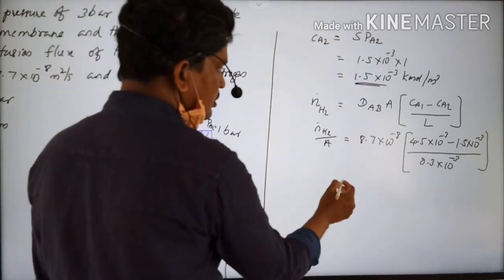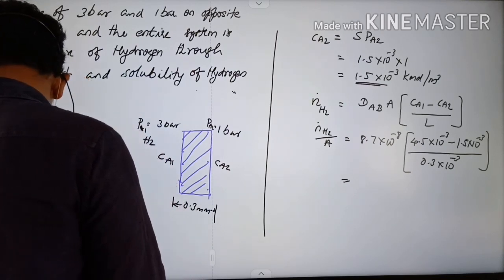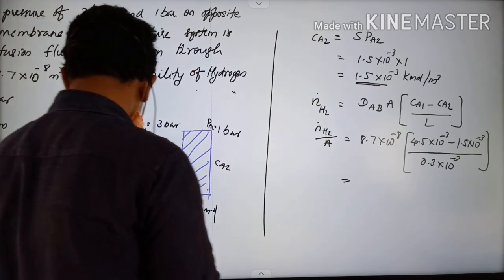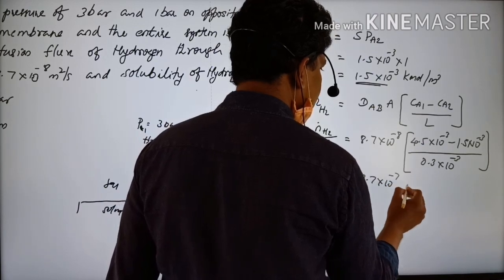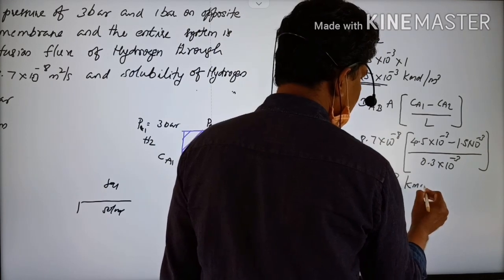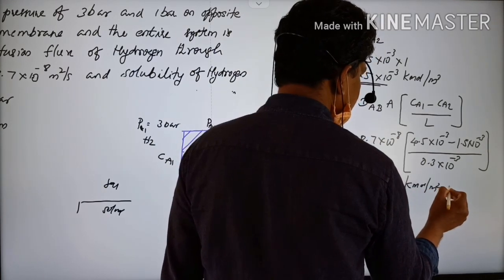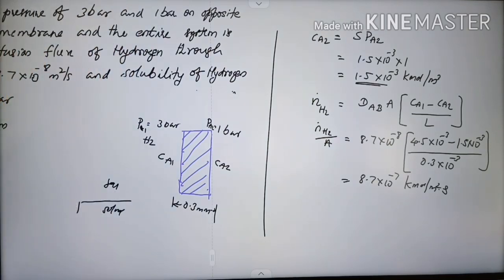So we get the answer as 8.7 into 10 raised to minus 7 kilomole per meter square second. So that is the flux in kilomoles per meter square second.